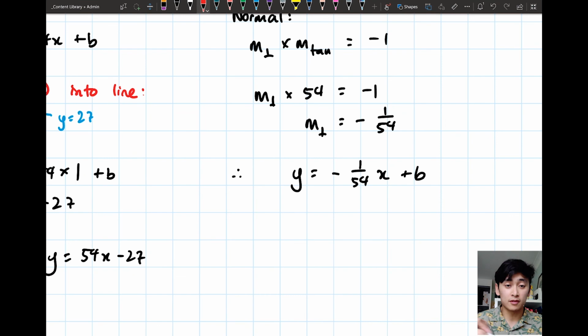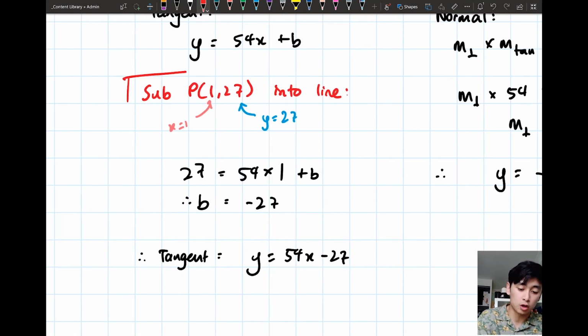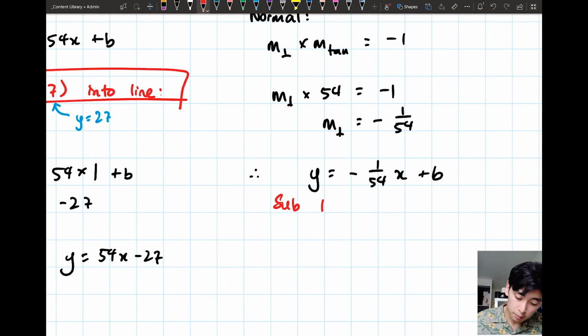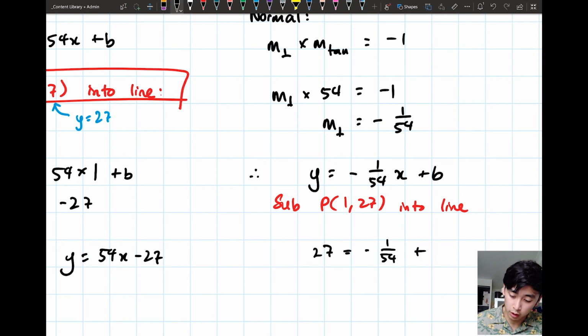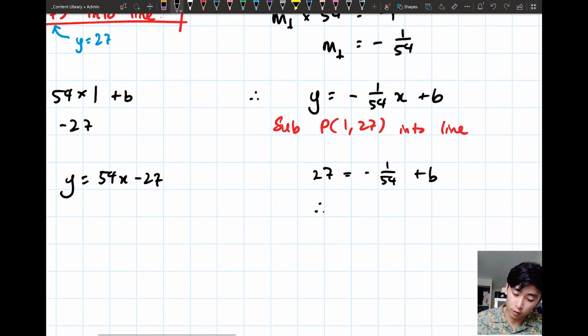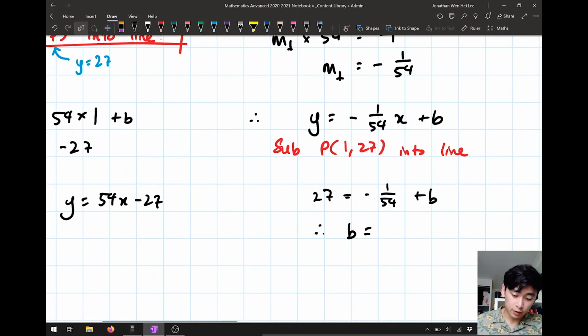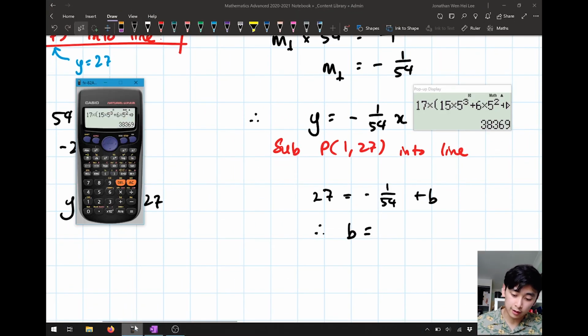And like we did in this example over here, we want to substitute my point into my line. So I'm going to sub P(1, 27) into the line. So I get 27 is equal to negative 1 over 54 plus b. So therefore, b is equal to, I'm going to put this in my calculator, 27 plus 1 over 54.